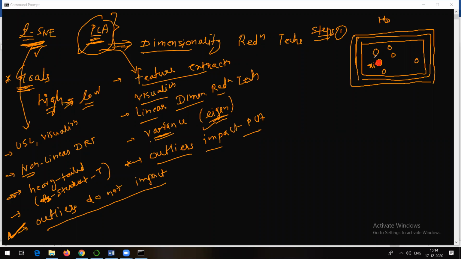Suppose this is xi and this is xj. It makes use of Euclidean distance to find the distance between them, and then finds the probability of j given i.